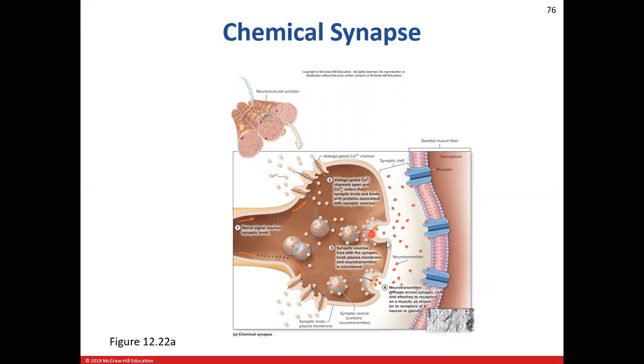And it causes the release of the neurotransmitter by the process of exocytosis. Our neurotransmitter then crosses the synaptic cleft, and it binds to our ligand-gated channels that open up and allow some sort of ion to flood into the cell.